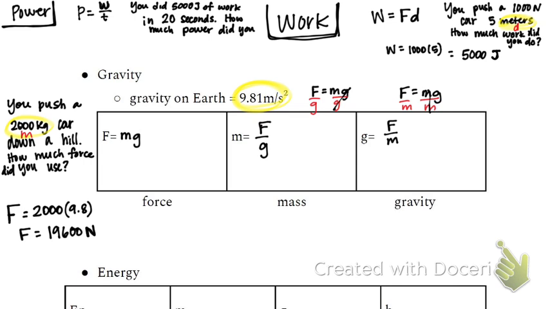Is it a do or use question? Use. How much power did you use? So the 5,000 would be which variable? Yeah, our work.